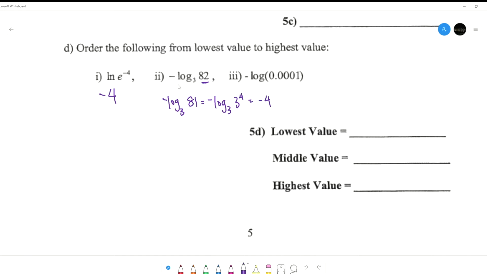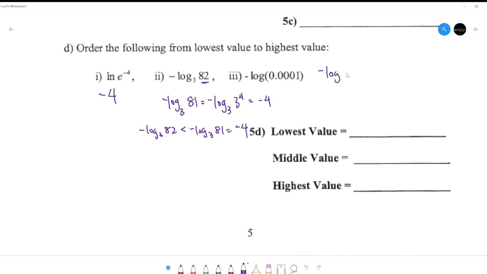So negative log base 3 of 82 is actually less than negative log base 3 of 81, which is equal to -4, right? So this is actually smaller than -4. And then for the last one, this is 1, 2, 3, 4.